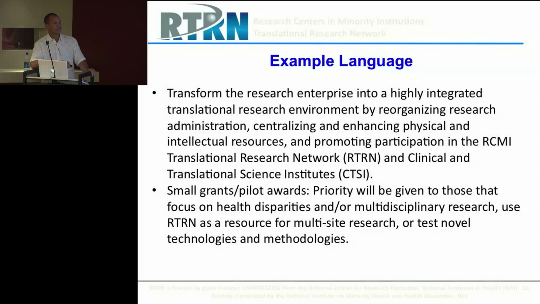Small grants and pilot awards, priority will be given to those that focus on health disparities and/or multidisciplinary research, use RTRN as a resource for multi-site research, or test novel technologies and methodologies.